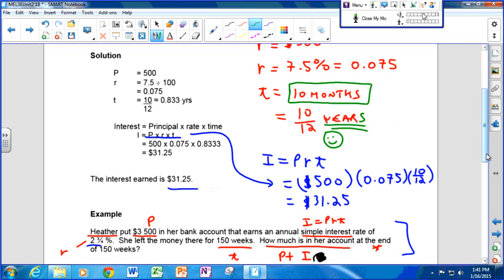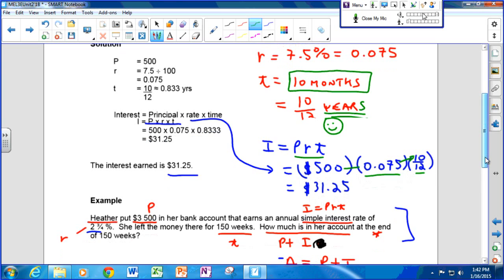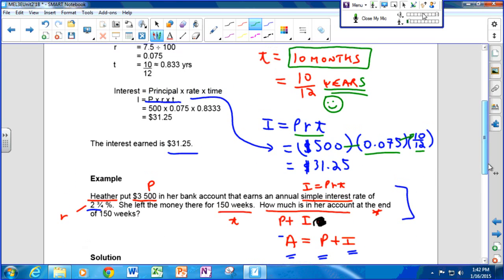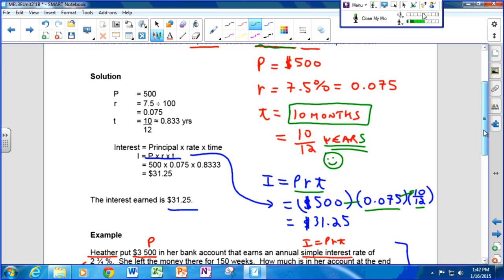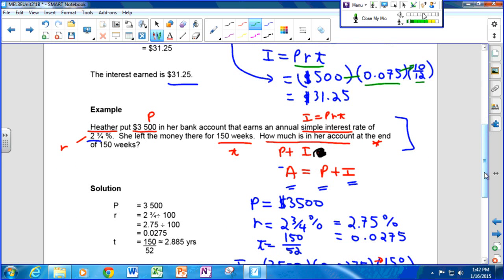Now when we're working out I equals PRT, we're just going to multiply all the numerators across. So in a case like this, it's going to be 500 times 0.075 times 10, and then divide that whole thing by 12. That works out with no problem. So for simple interest, we're finding the interest.